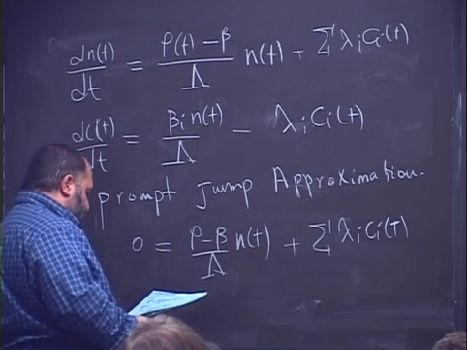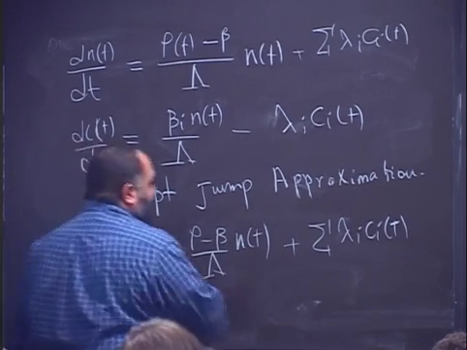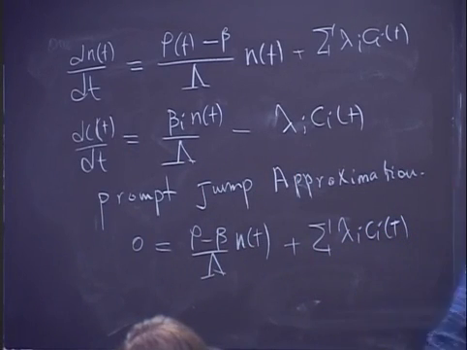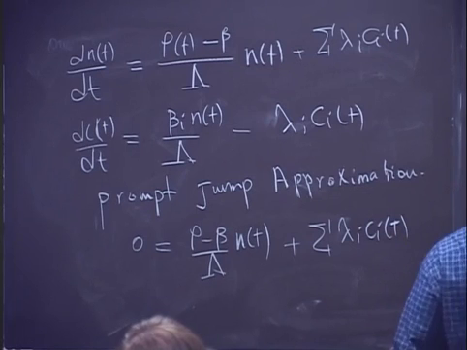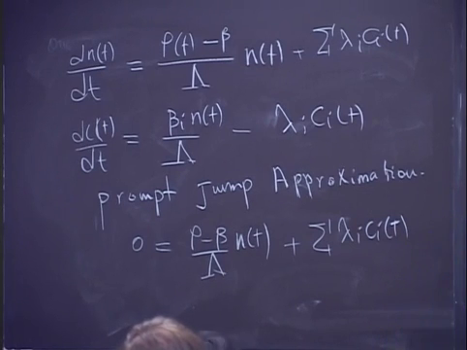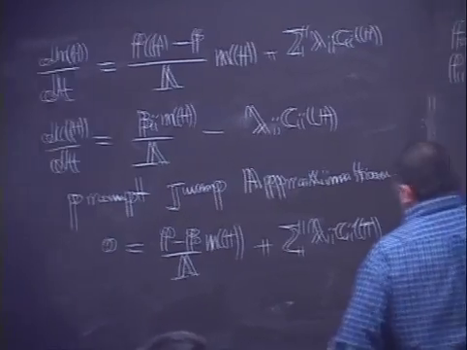So what will happen if you have your reactor critical at some point of time and your reactivity was rho naught, and then at a certain time t you move your control rods from initial position to final position, so that you change from rho naught to rho 1.